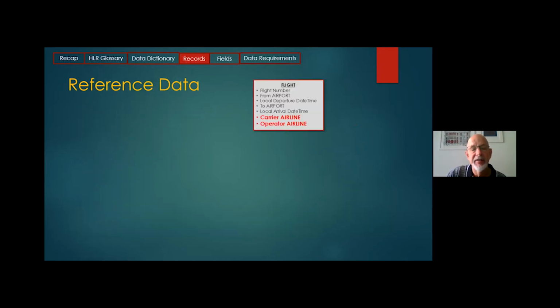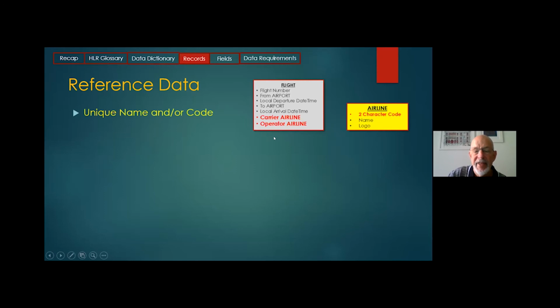The third kind of record is reference data. So if I look at a flight record, and here are some properties, 2 of those properties relate to a concept of airline. Okay, well, you have a carrier airline for a flight, and these are the people you buy their ticket from, and the operator of the airline, that's actually who's flying the airplane.